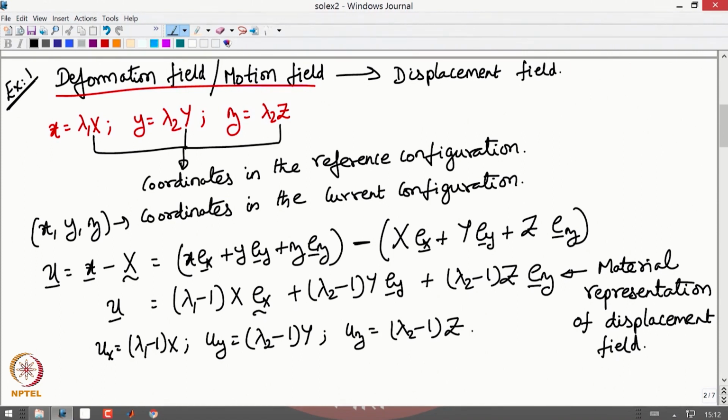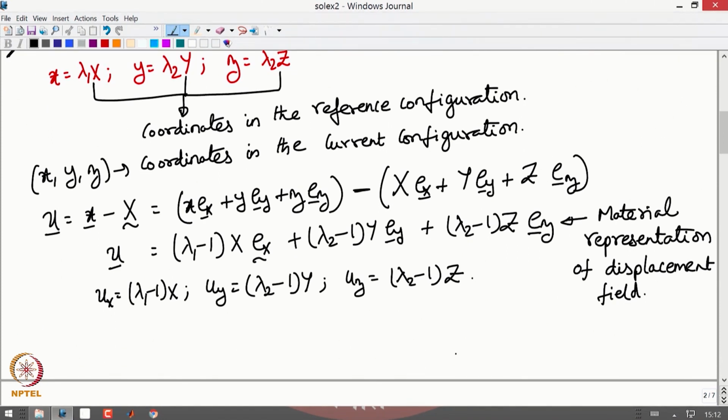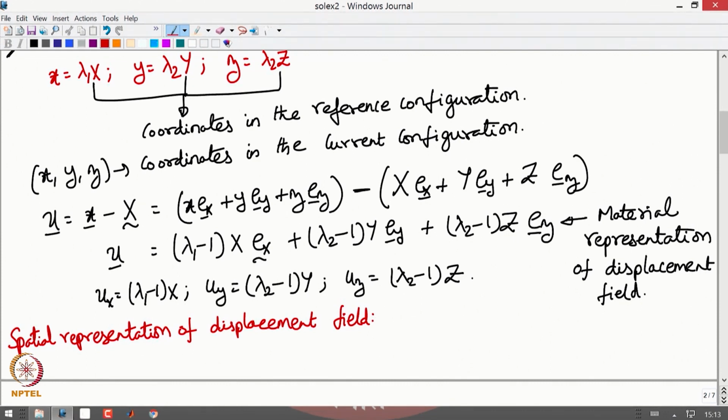Now, say I want to represent the same displacement field in terms of the spatial form. I want to give a spatial representation for u. Spatial representation means, as we saw before in the lectures, that ux, uy, uz should be written in terms of small x, small y, small z, the coordinates in the current configuration.